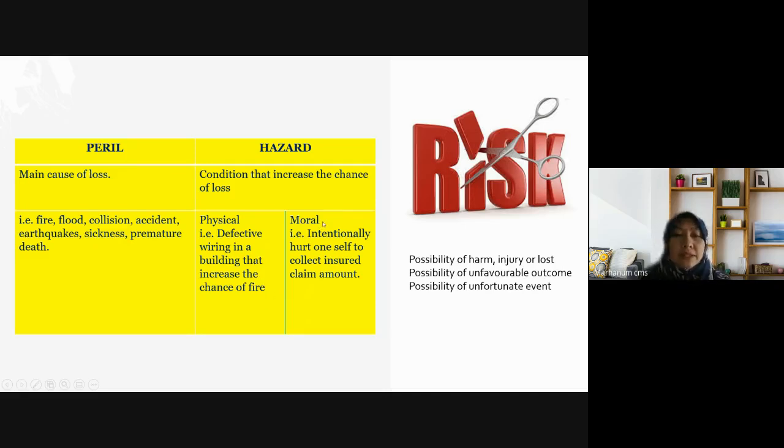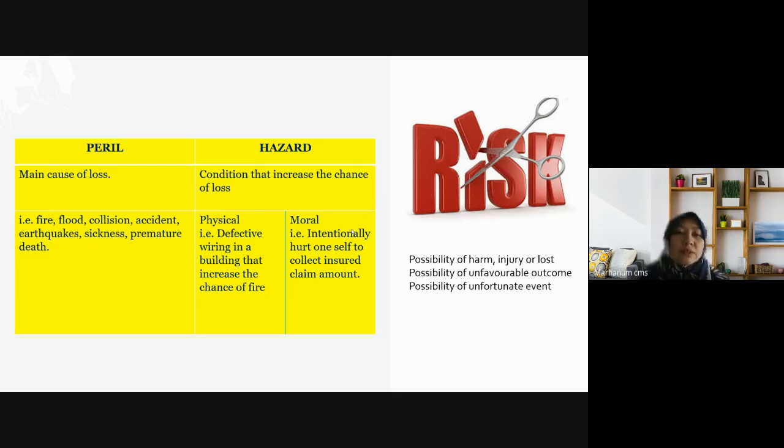The other is moral hazard, where the condition comes from people's behavior, like intentionally hurting oneself to collect the insured claim amount. When moral hazard happens and it is proven, the takaful operator will not approve the claim, because it is by intention.